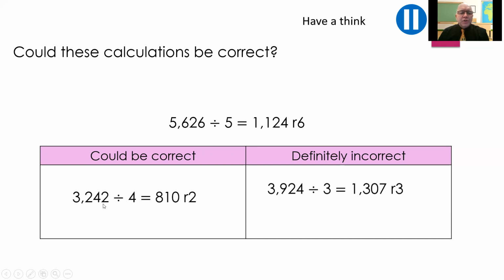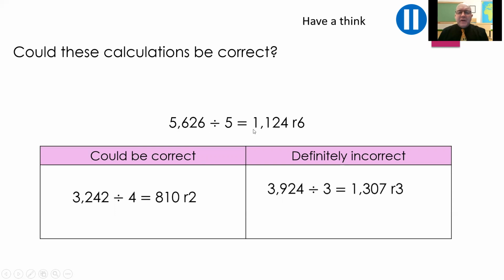So just by looking at the last 2 digits, we can see that 4 goes into 40 10 times, and you'd have the 2 left over. So we would have a remainder of 2. So this one could be correct. We'd have to check the rest of the sum, but that one certainly could be correct with a remainder of 2. And what about this last one?